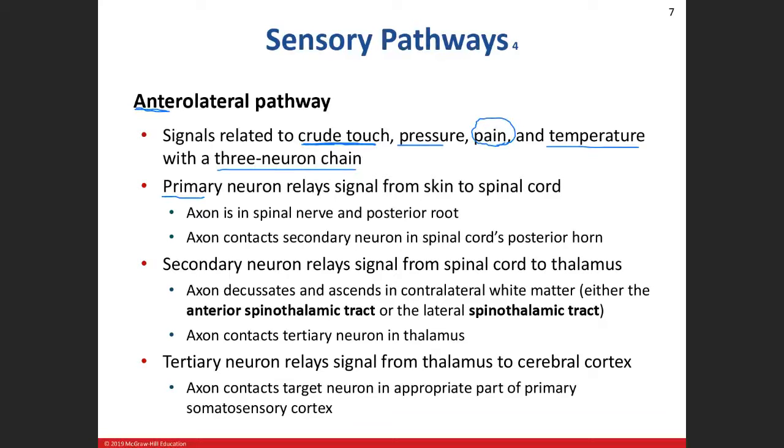In this case, we'll say it's hot, so you're getting the sensation of the hot temperature and the painful stimulus of that. That information is going to travel up that neuron and go all the way into the spinal cord. It enters the spinal cord through the spinal nerve, and it goes through the posterior root.